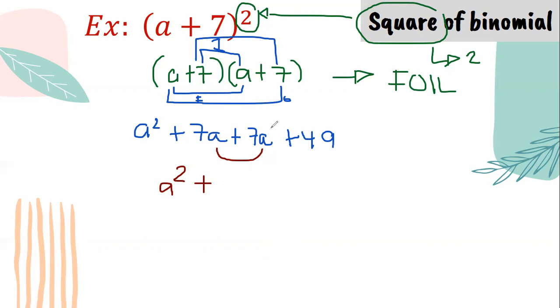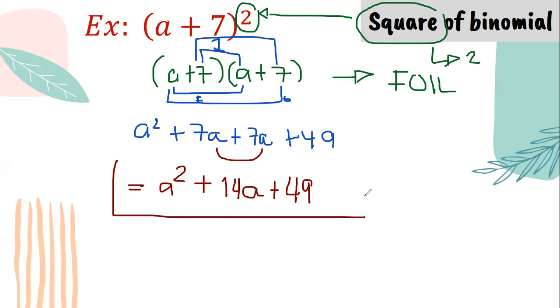That is 7 plus 7, 14, and then copy the variable a, plus 49. And this is your final answer for the first example. We have a squared plus 14a plus 49. I hope we got it, and we will now proceed to example number 2.